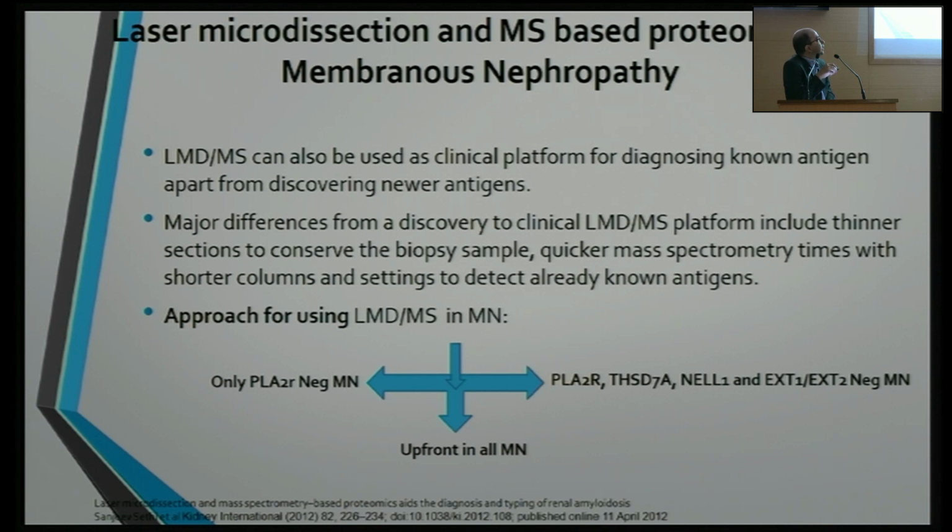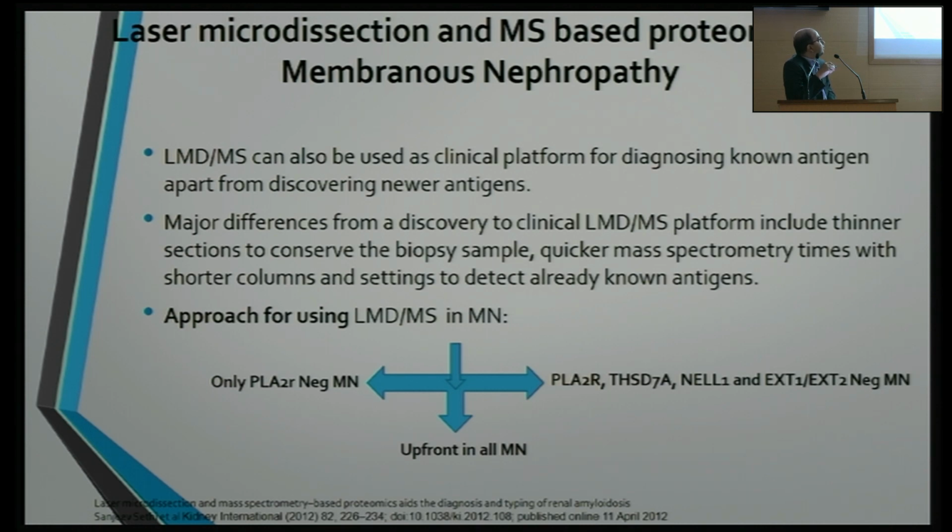PLA2R and this panel usually cover around 80% of the membranous. So what you are left with is only around 15 to 20% of the cases of membranous, which will require this mass spectrometry based proteomics.